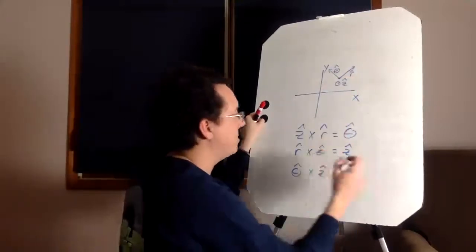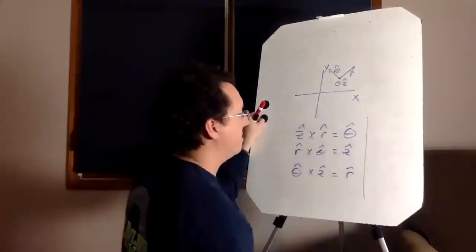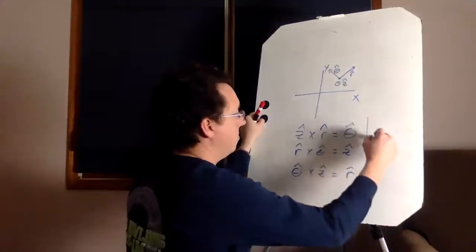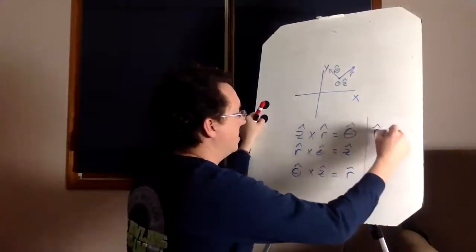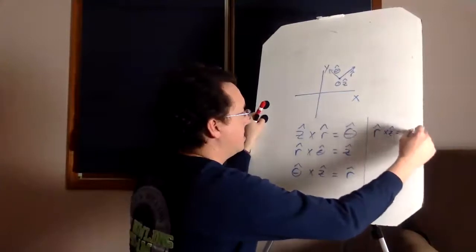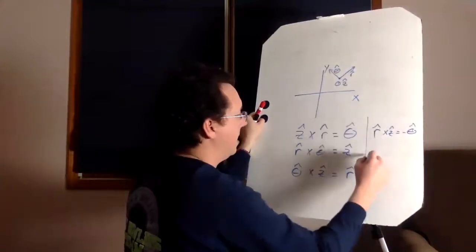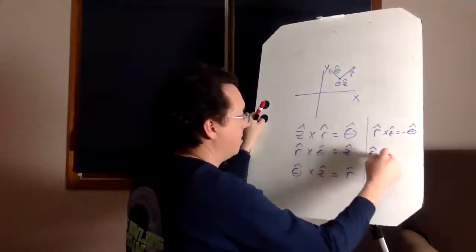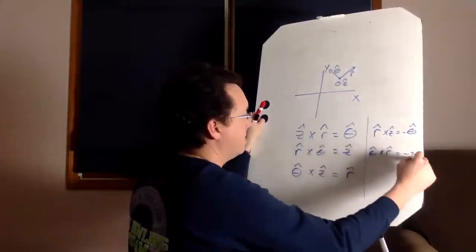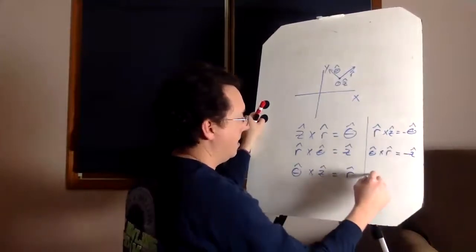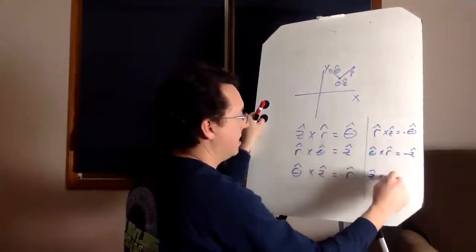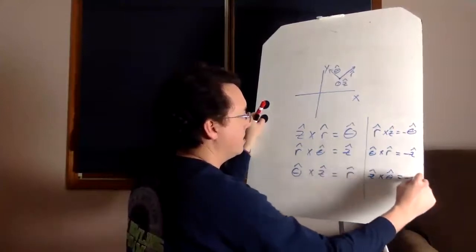And then if you reverse these, those are the positive ones. If I do r hat cross z hat, it is minus theta hat, and theta hat cross r hat is minus z hat, and z hat cross theta hat is minus r hat.